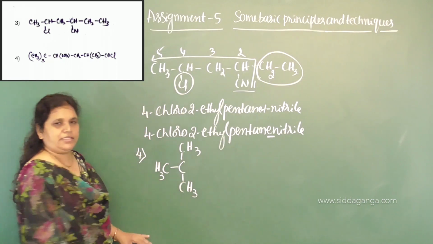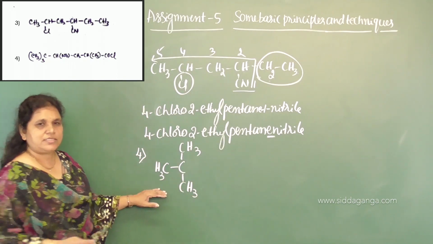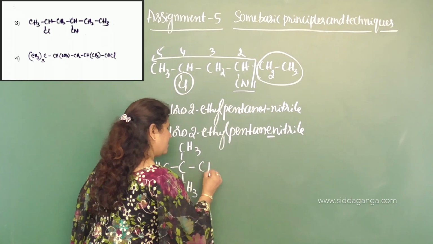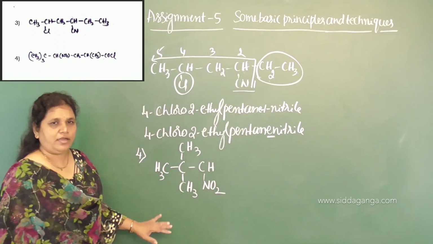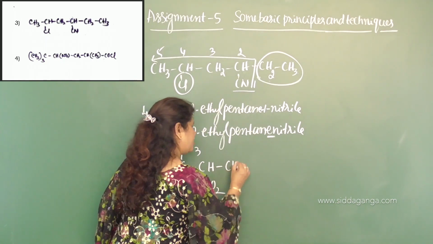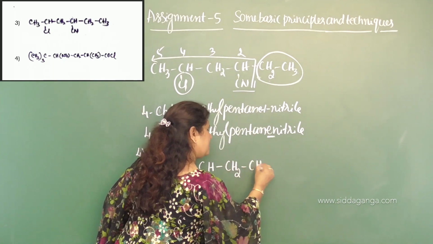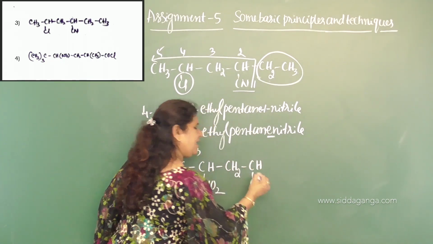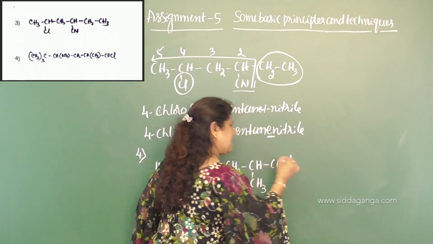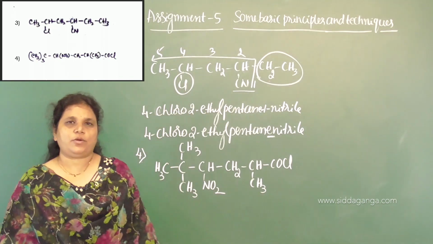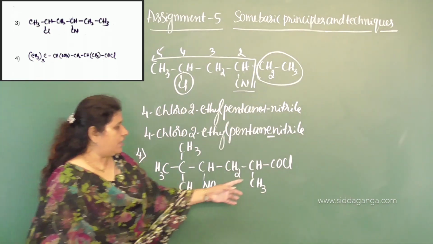So, if you split this, you will get the compound like this: CH3 taken twice, CHNO2, correct, and CH2, CH3, then COCl. Again, acid chloride is the functional group.